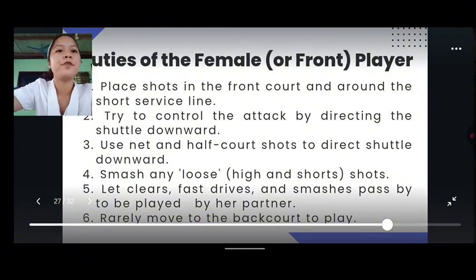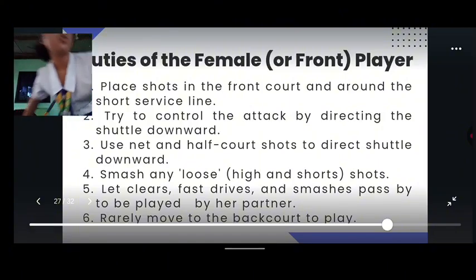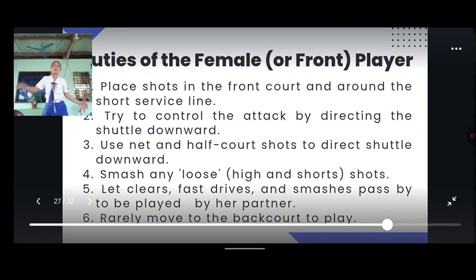So, duties of the female or front player. Play shots in the front court and around the short service line. So, the female is in the front, in a ready position, near the net, but she doesn't need to touch the net; she can play at the short service line.